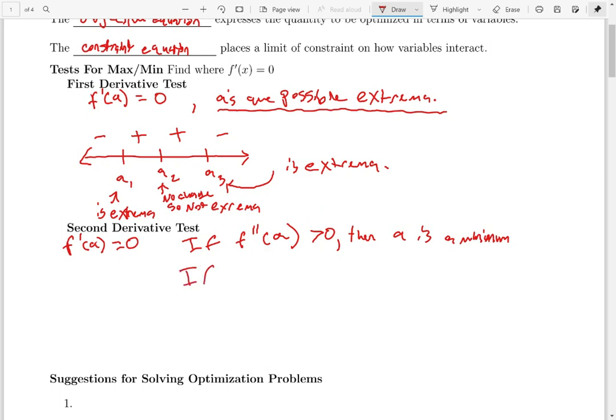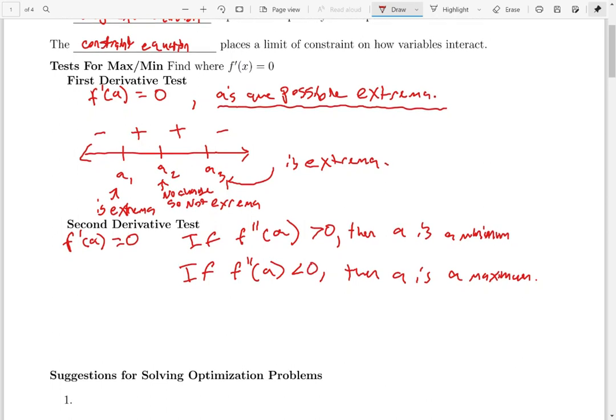On the other hand, if you take the second derivative, f double prime of our zeros a, and you get that it's less than 0, then a is a maximum. That's the situation where f double prime of a being less than 0 creates the concave down situation, and so a would then be a maximum value.